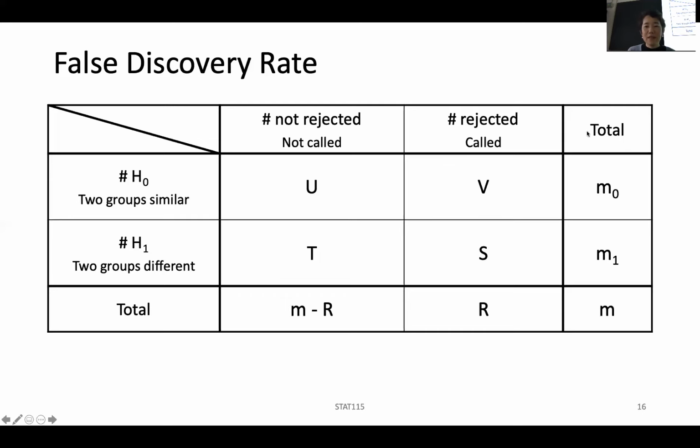It's a false positive, right? Because these two groups are similar, but you call them as different. T is a false negative, right? These two groups are different, but you didn't call it. That's a false negative. And then S is a true positive.